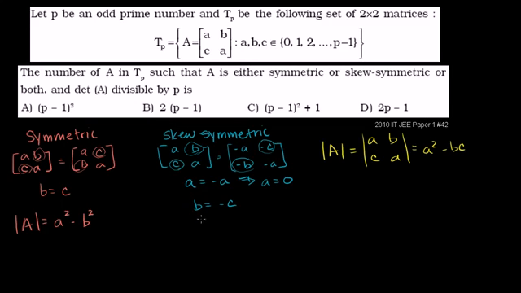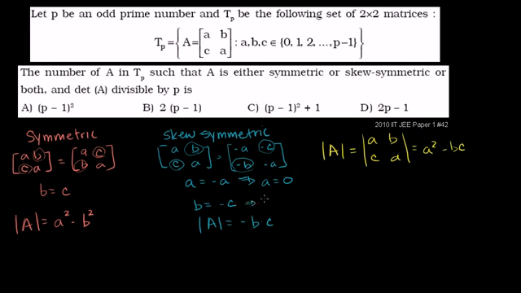And over here, what's the determinant going to be equal to? The determinant of A is going to be equal to a squared. Well, we know a is 0, so that's just going to be 0, minus b times c. If we substitute for c, we know that c is equal to negative b.